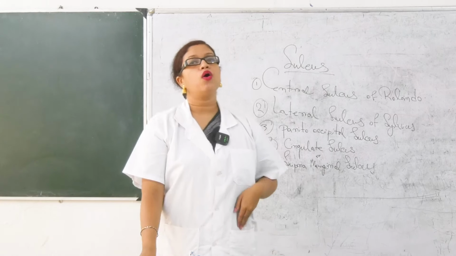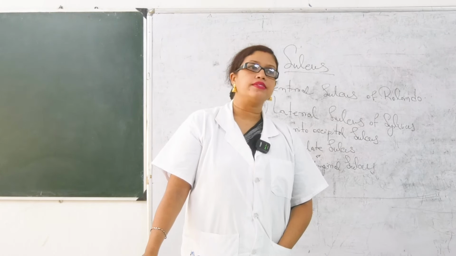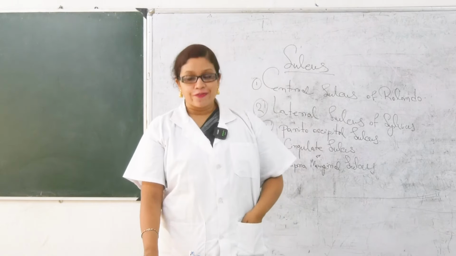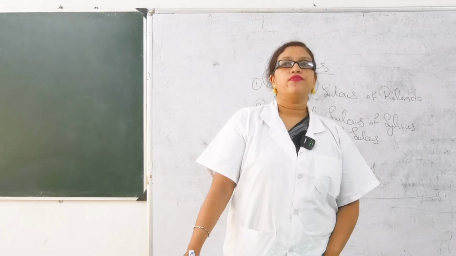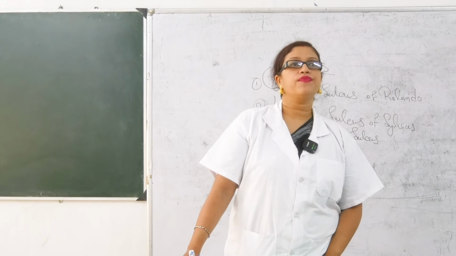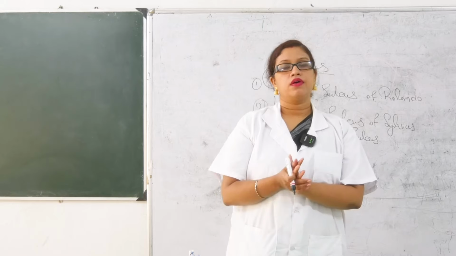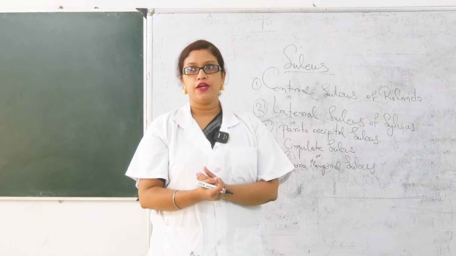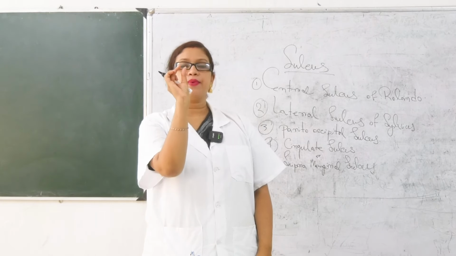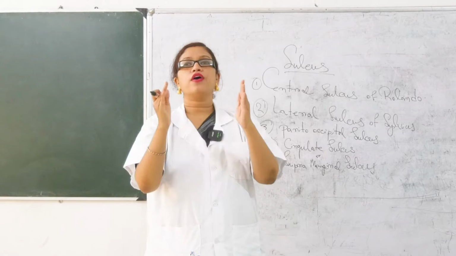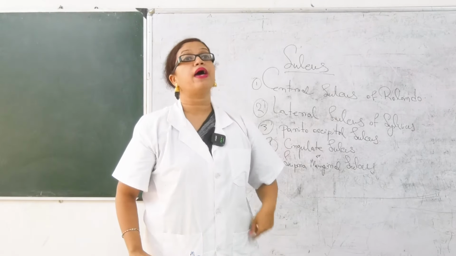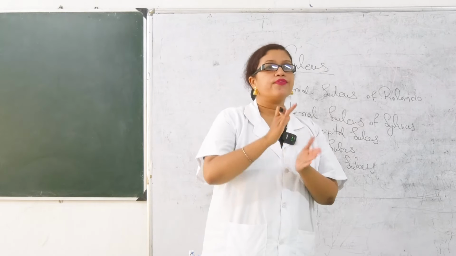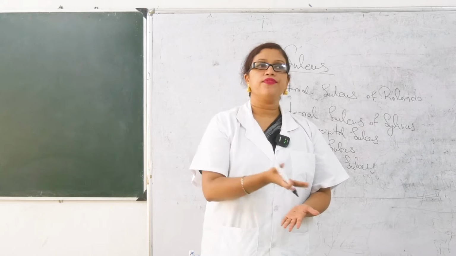You will get the optic tract and optic chiasma. Very good. Interpeduncular fossa. Behind that you have the tuber cinereum, a small elevated part. And on both sides of the tuber cinereum, what is there? Mammillary body. So these are the things you will get if you see the cerebrum from the inferior aspect.